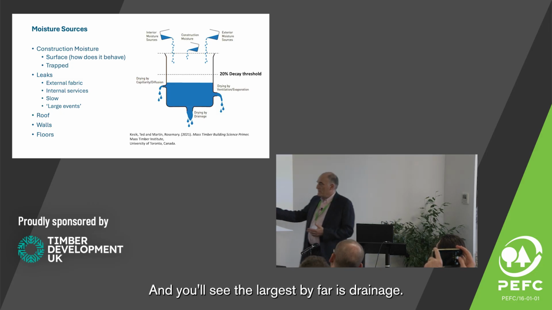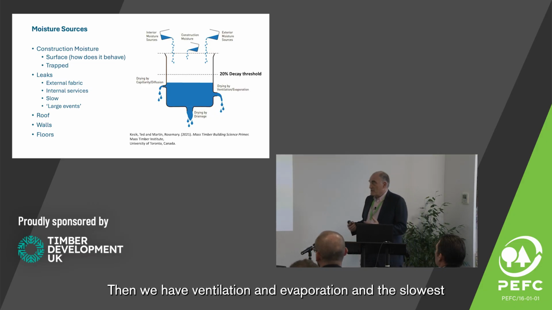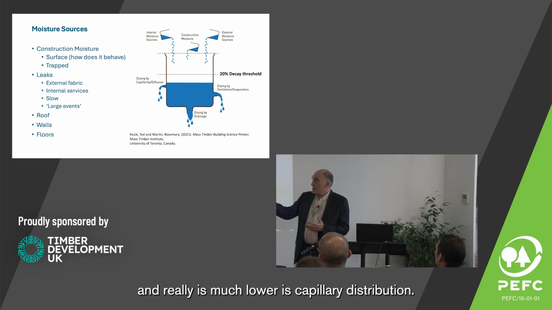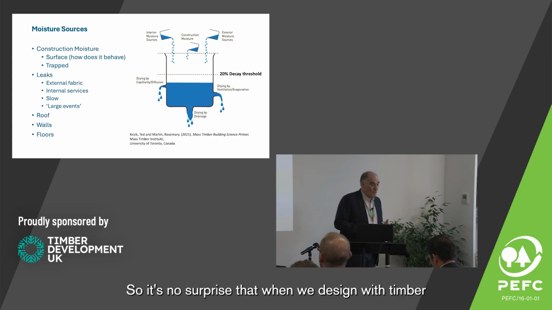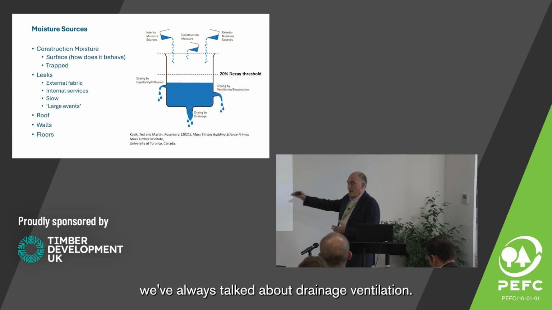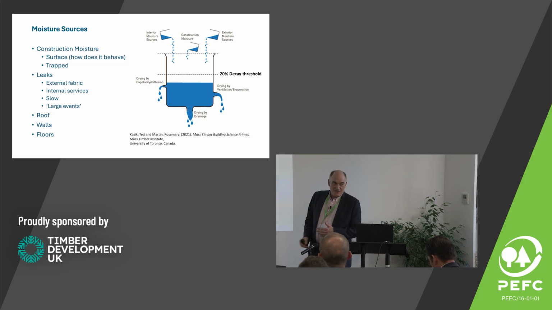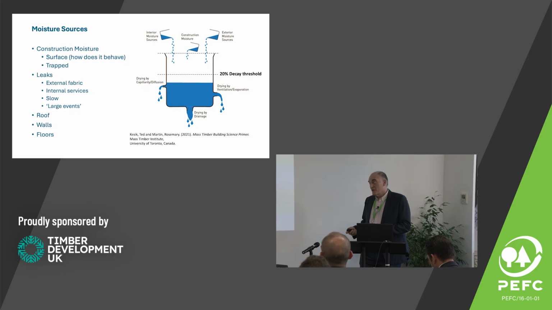You'll see the largest by far is drainage. Then we have ventilation and evaporation. And the slowest, and it really is much slower, is capillary distribution. So it's no surprise that when we design with timber, we've always talked about drainage and ventilation. It's obvious why, because they're the two systems that work.